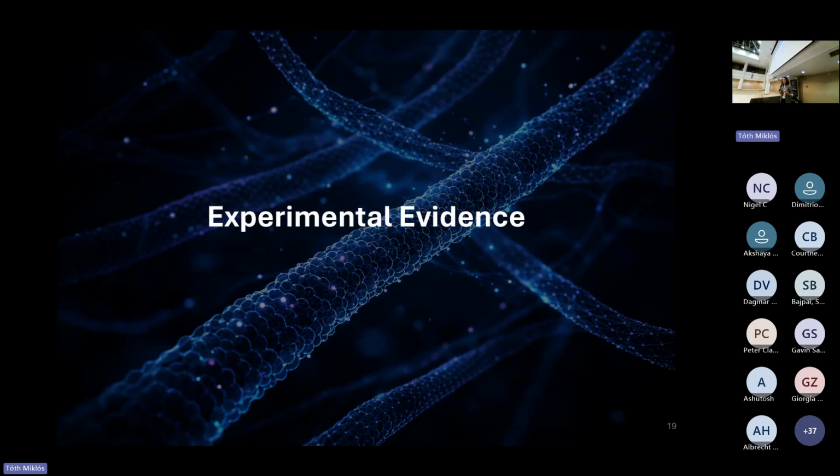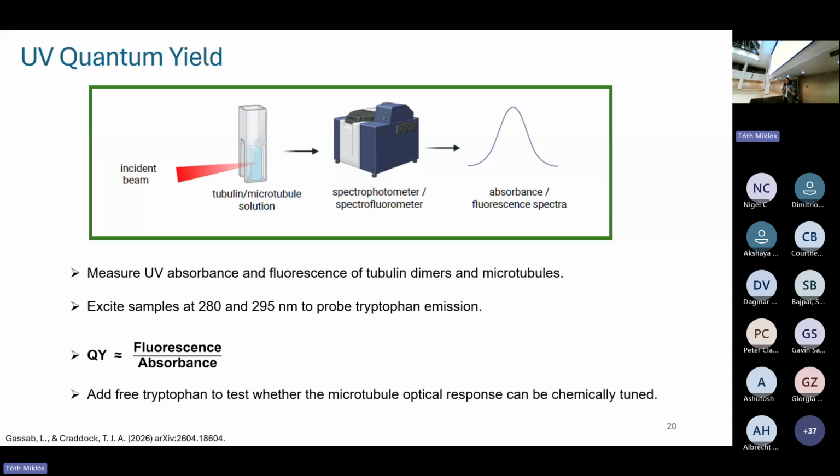So we do some experiments with this. We take this tubulin and microtubule solution, and we do some spectrophotometry with it. We look at the absorbance and the fluorescence spectra of our solution. And we look at the quantum yield, which is approximately the fluorescence over the absorbance, to make it simple.